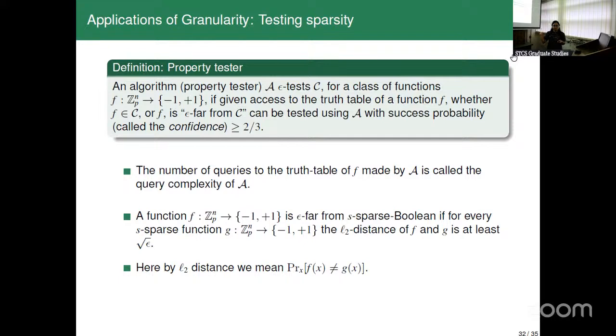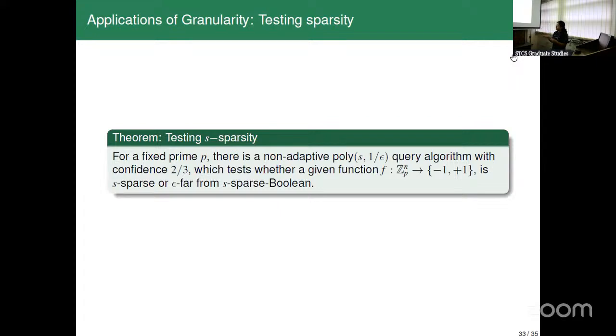That we already know, these are related up to some constant. And this is the theorem that we showed: for a fixed prime p, there is a non-adaptive polynomial (s to the power 1 by epsilon) query algorithm which tests whether a function is s-sparse or it is epsilon far from s-sparse.